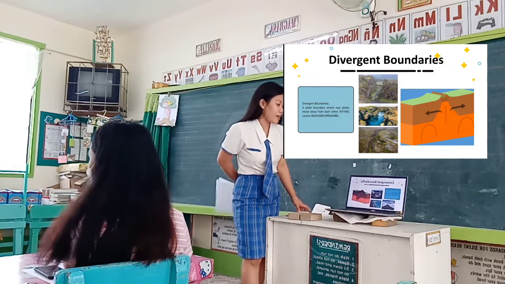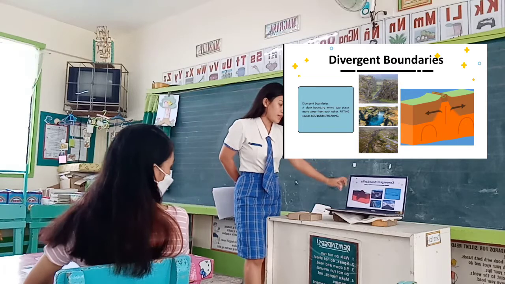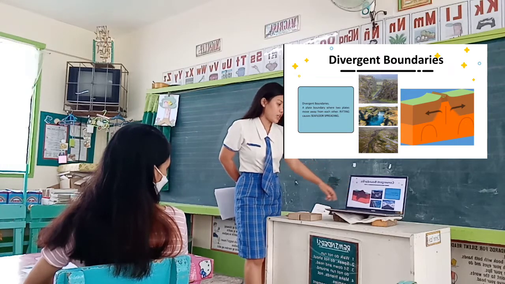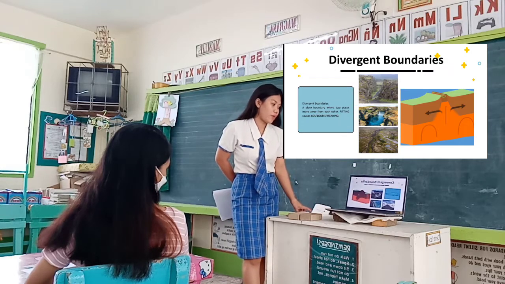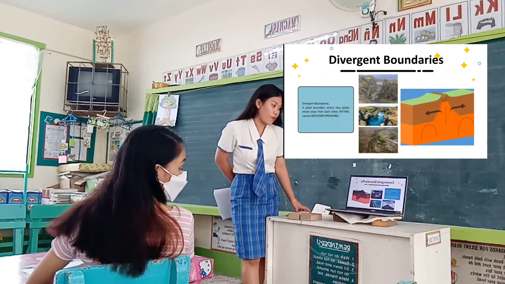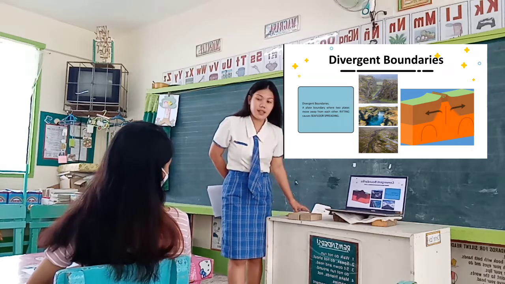Now we have here the convergent boundary. As I said earlier, plates move toward each other. Now the convergent boundary is defined as places where plates crush or crunch together or subduct, or the other one sinks under.